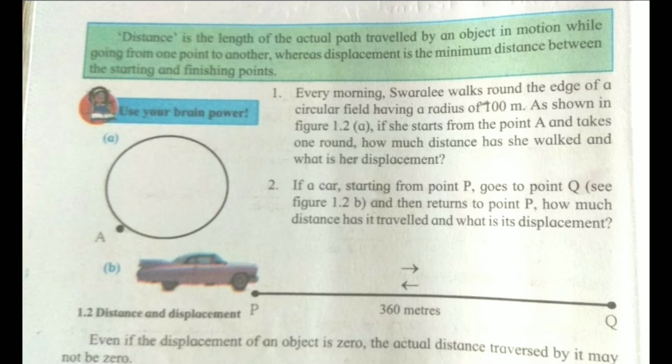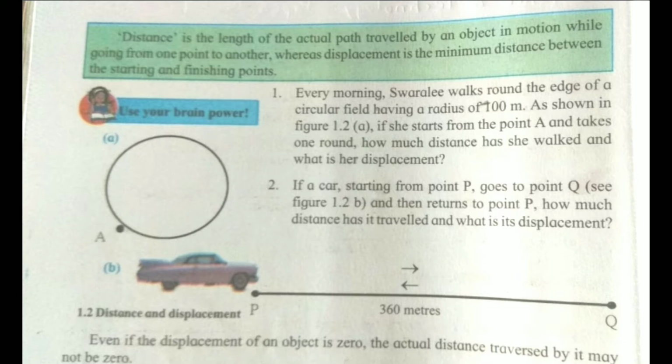Take a second example in the second picture. The car starts from point P and travels to point Q, 360 meters. The distance is 360 meters, and the displacement is also 360 meters.